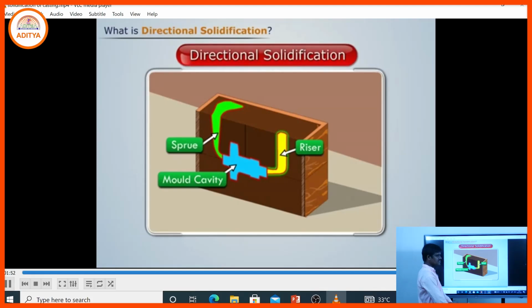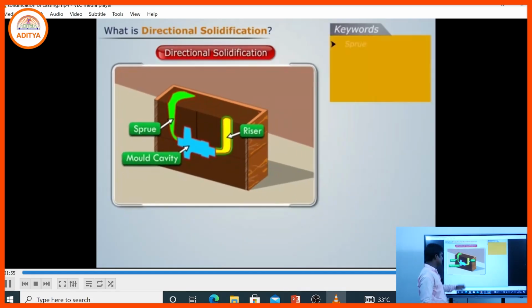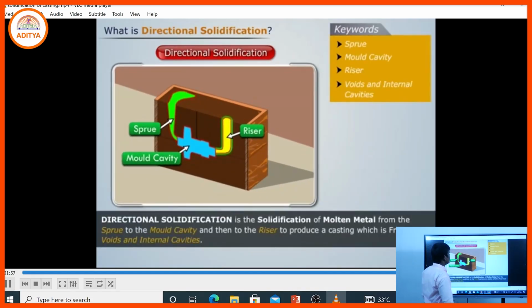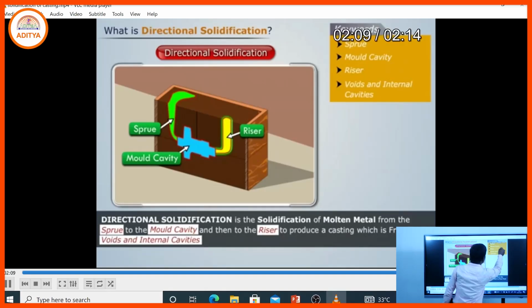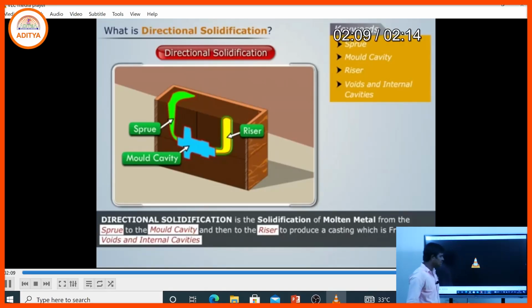That is directional solidification, which starts from the pouring basin. The main parts are the sprue, mold cavity, riser and mold cavity.